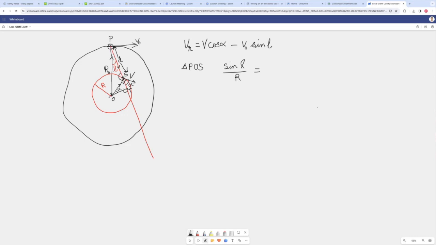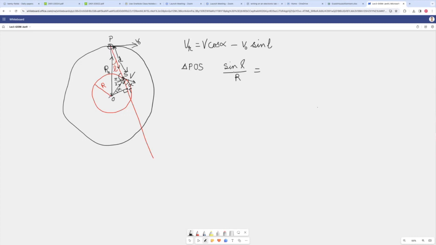This angle is nothing but, so this is 90 minus alpha, and this is 90, so this is 90 plus alpha, pi by 2 plus alpha.